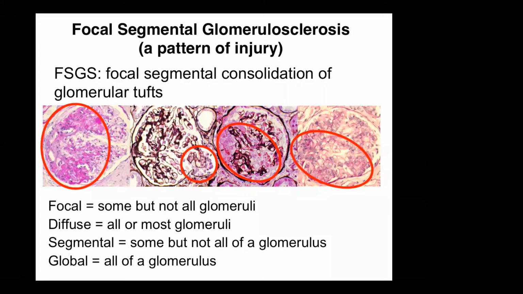إذا كانت only a part of the glomerulus والباقي the rest of the glomerulus is patent, then هذه بيصير اسمها segmental.